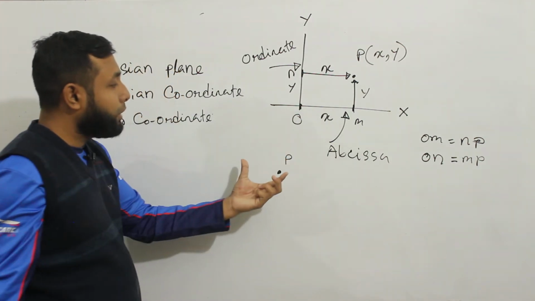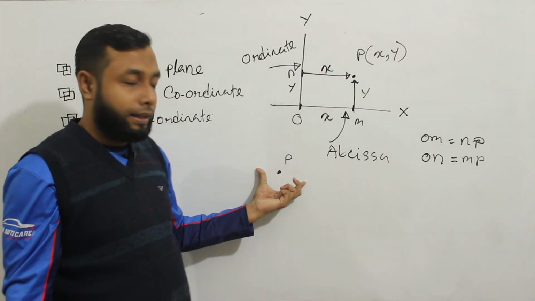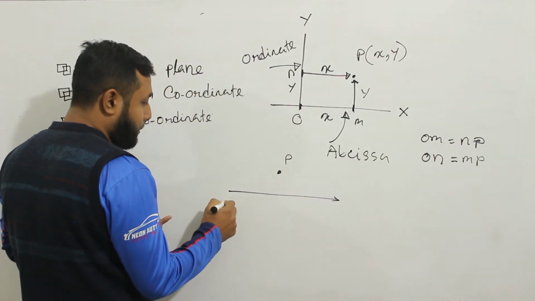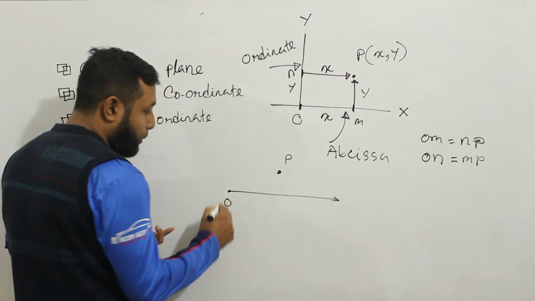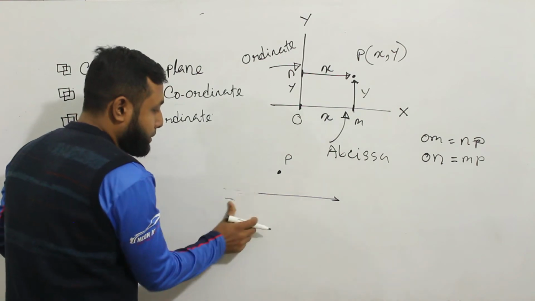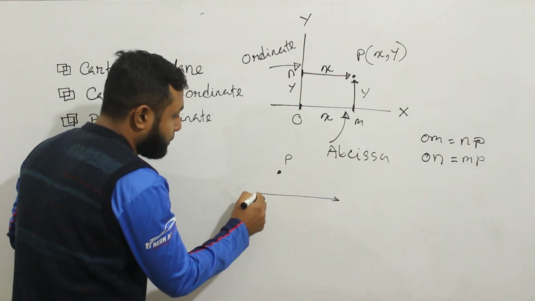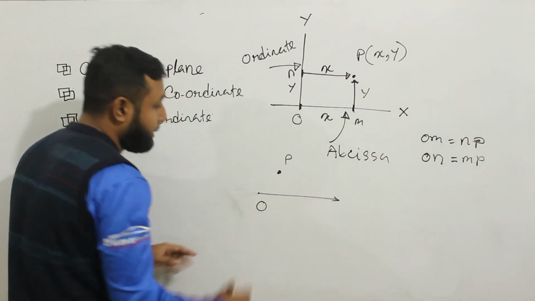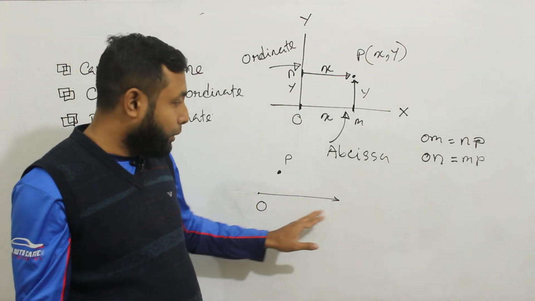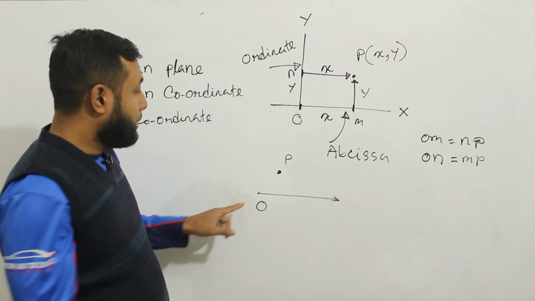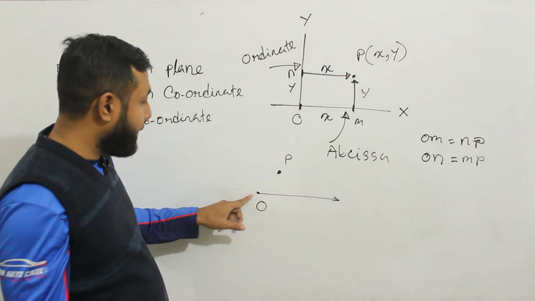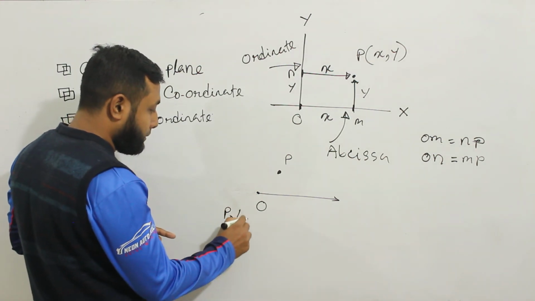If we want to calculate the position of P, then let's think about a straight line that starts from position O. We can name that starting point of the straight line the pole.